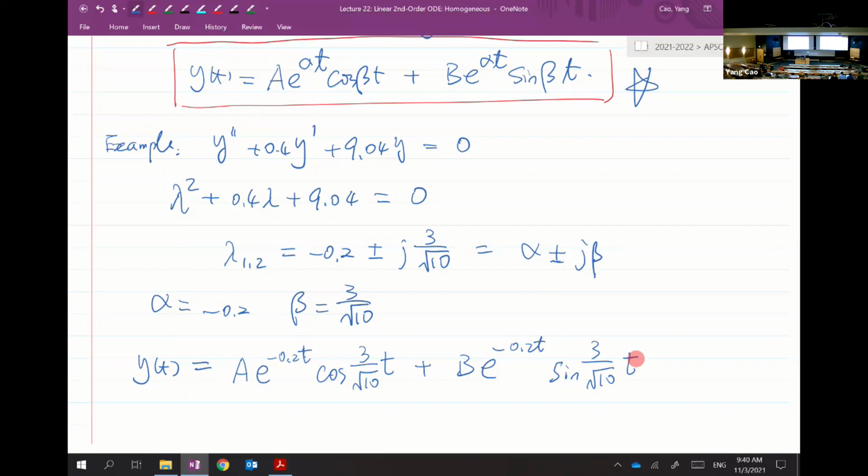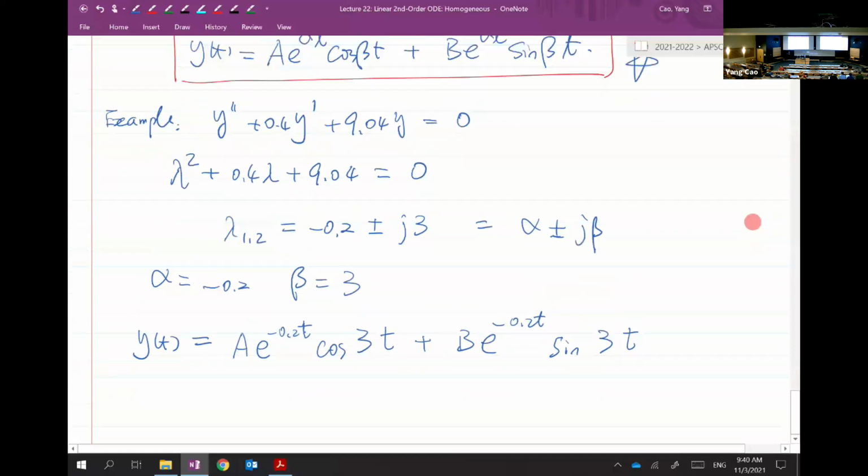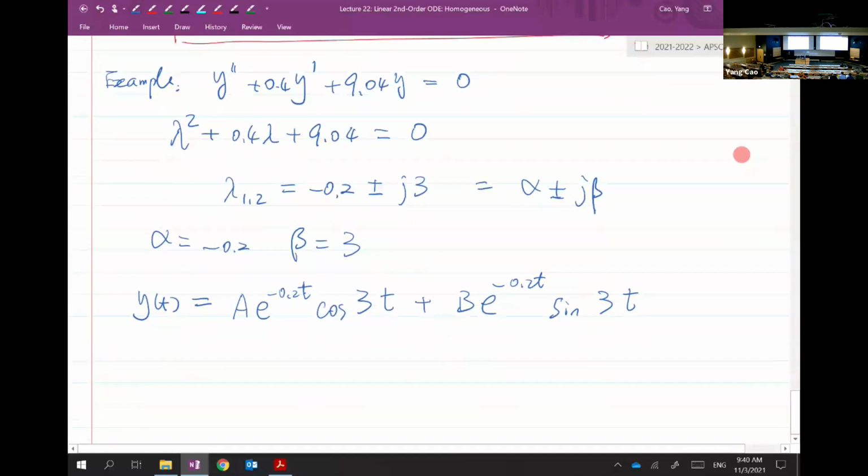I don't know why I have a root 10. As a matter of fact, the answer here is just a 3. Oh, I have a root 10 there. Sorry about that. It's just a 3 here. Okay. So that's your general solution for this one. You've got two complex conjugate roots. You apply the formula and you get the general solution here.